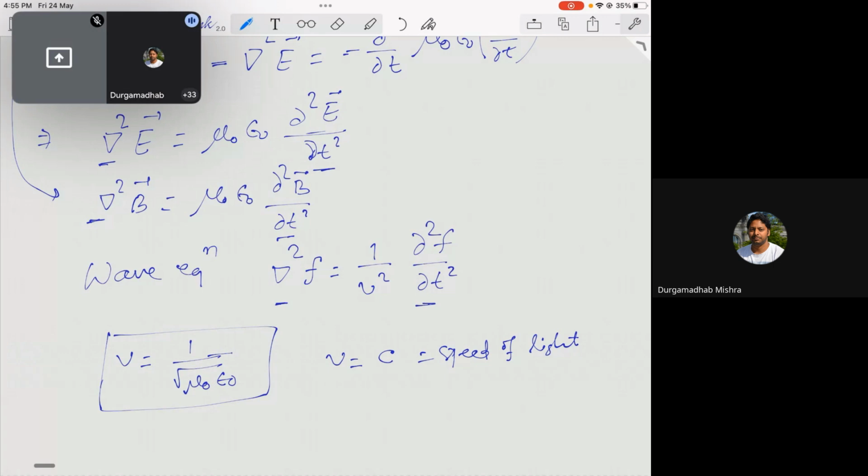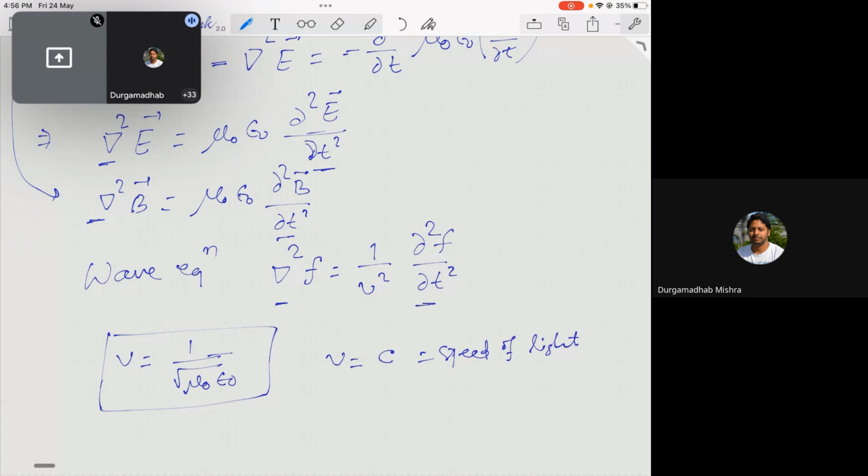So what it means is that this is a wave, and it can propagate in free space. It is not like your typical sound wave, or a wave that you create by throwing a stone into a pond, like a water wave, or any mechanical wave that you can produce by vibrating a string or moving some wires.